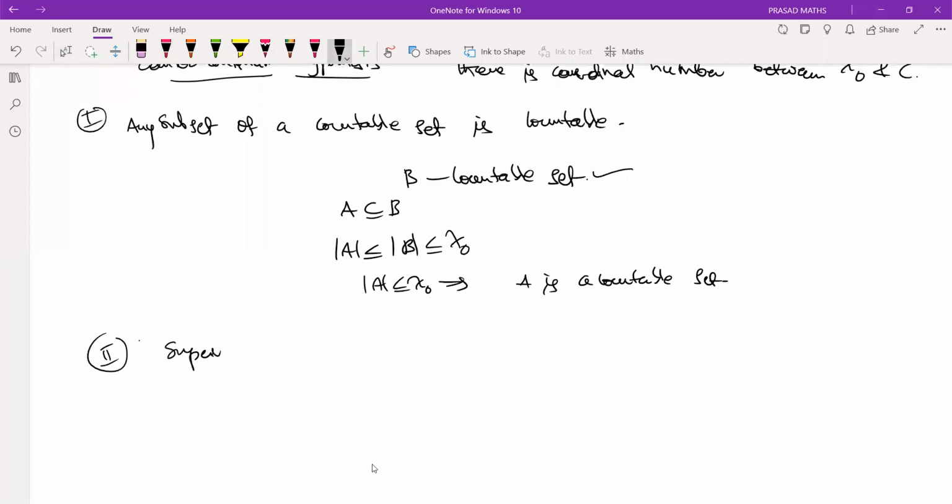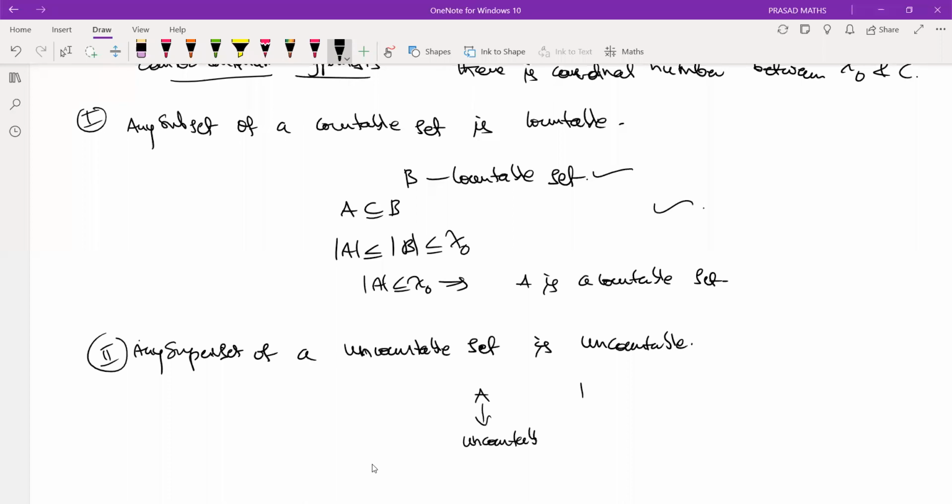Any superset of an uncountable set is always uncountable, by using the same strategy. Suppose A is my uncountable set, and B is any superset.